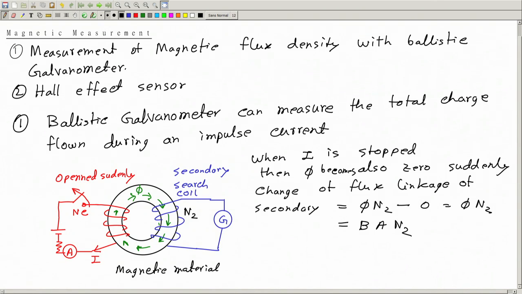What is B? B is the flux density. What is A? A is the cross sectional area of this core.